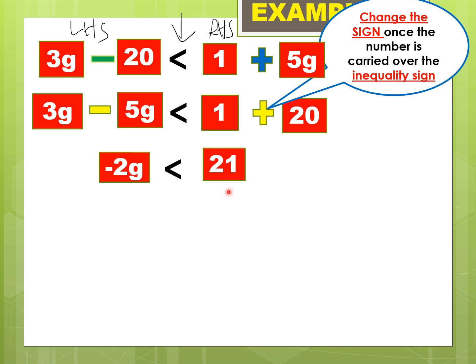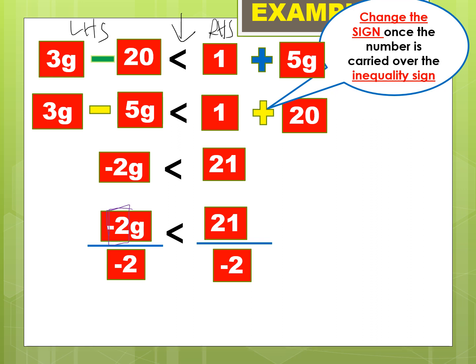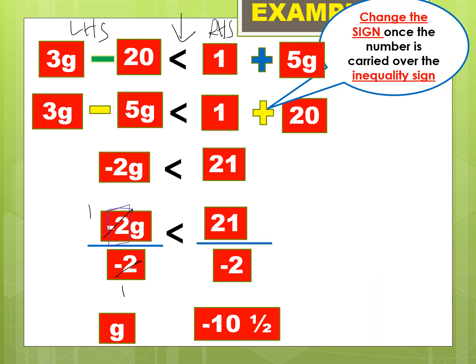So right now our term is negative 2g, and our coefficient of g is this negative 2. So we're going to divide both sides of the inequality by negative 2. And we have done that. When we do that, we're going to cancel this and this will cancel to get 1. The two negative signs will also cancel to give us a positive g. Again, when we divide a positive by a negative, we're going to get a negative answer.